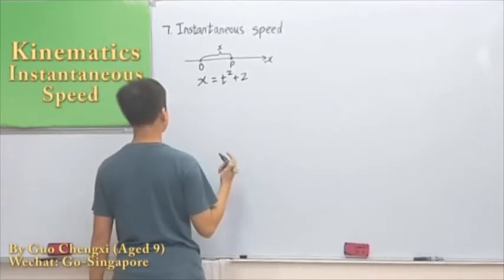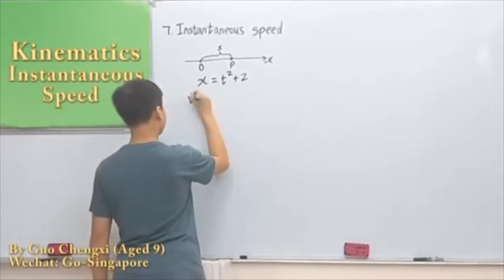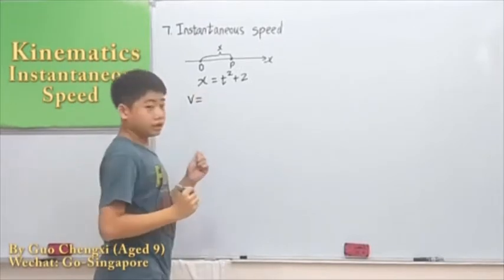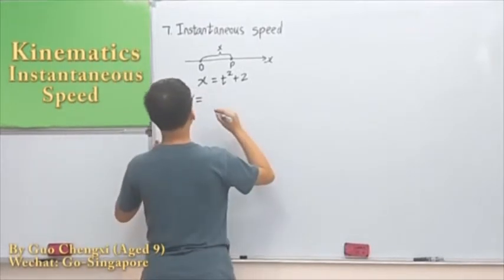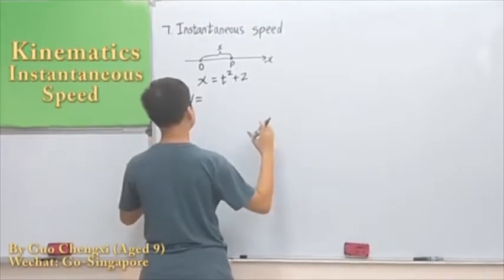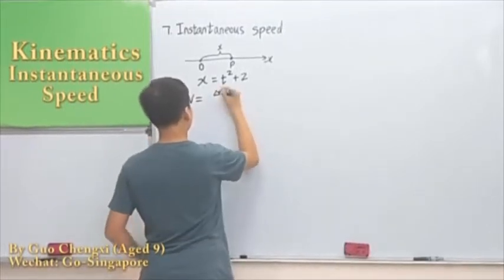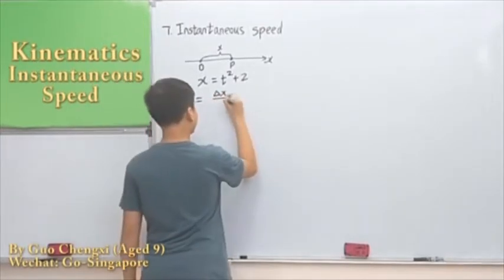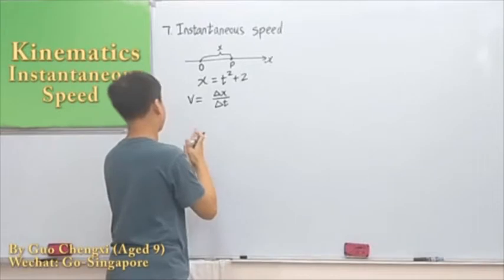But how about the speed? For speed, we're going to use v. This is about instantaneous speed. For one little part of x, it takes a little bit of time.